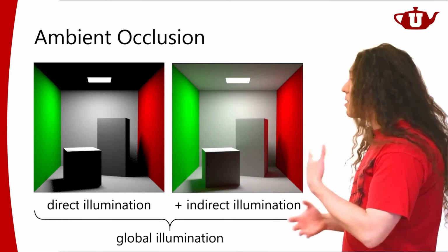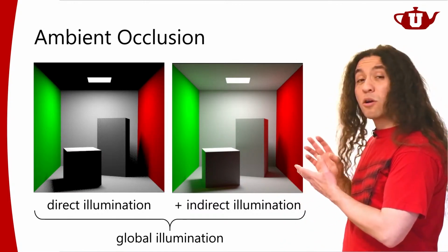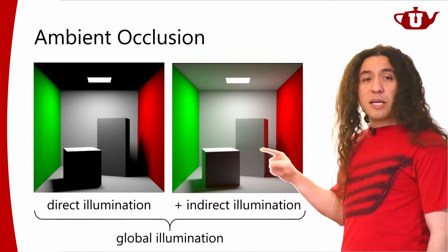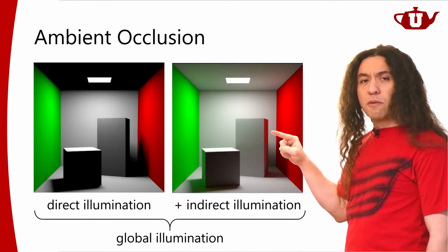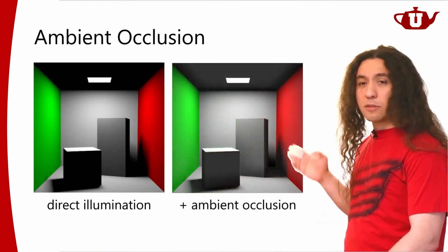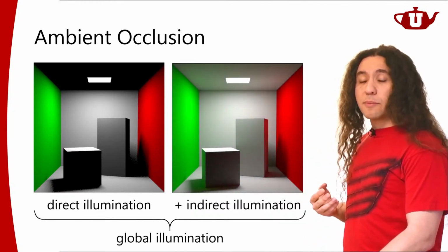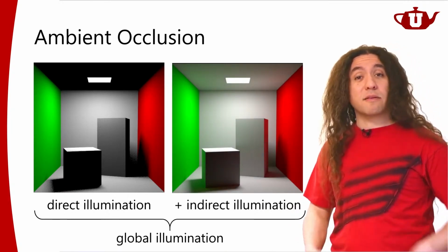Of course, I could adjust the ambient amount and maybe get something that looks a little closer to this, but we won't get any color bleeding effects. Like on this side, I'm getting sort of greenish wall. Over this side, I'm getting sort of reddish wall. I'm not going to get any of that with ambient occlusion, right? So it's just that occlusion of some constant ambient term. So not indirect illumination, but still pretty good. In a lot of scenes, it's actually very helpful.